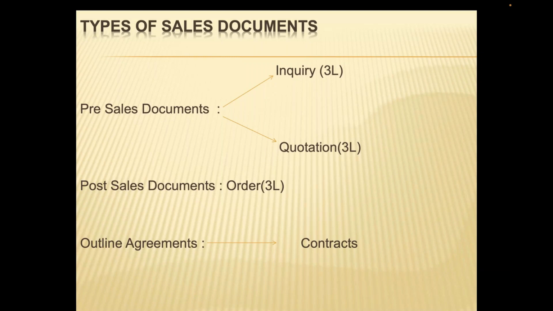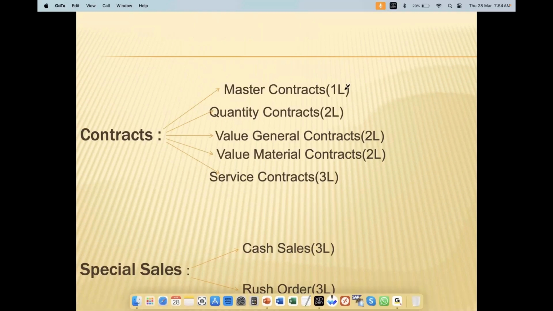Okay. When I say contracts, we have types of contracts here: master contract, quantity contract, value general contract, value material contract, and service contract.